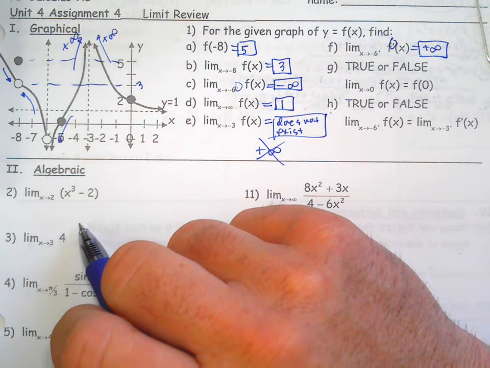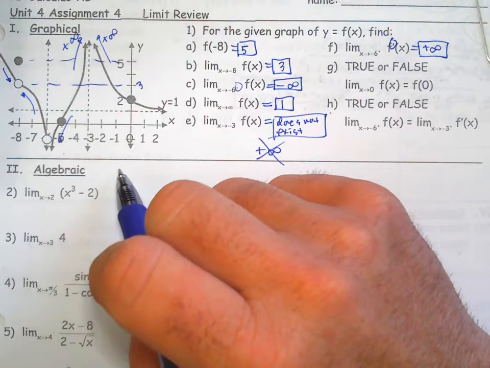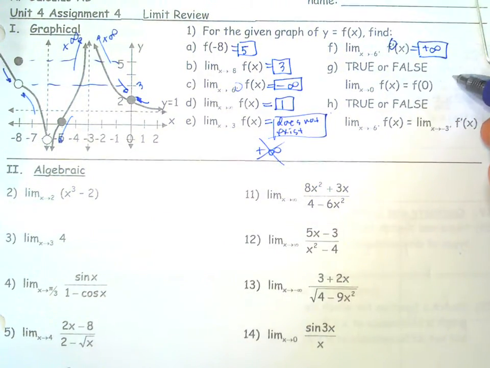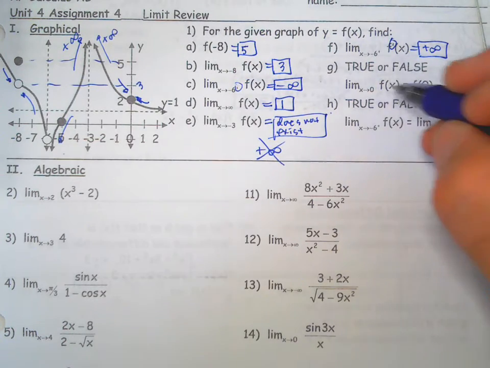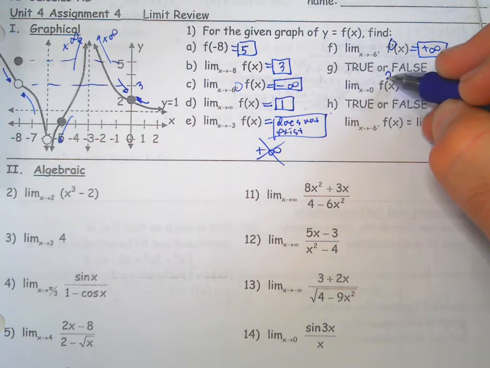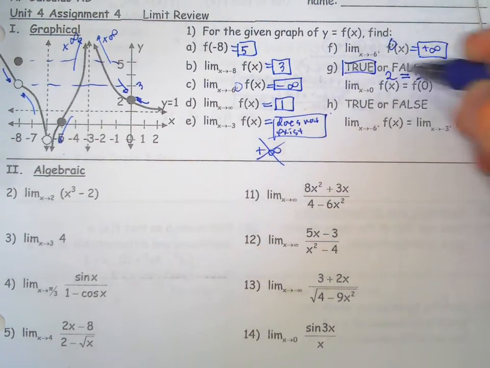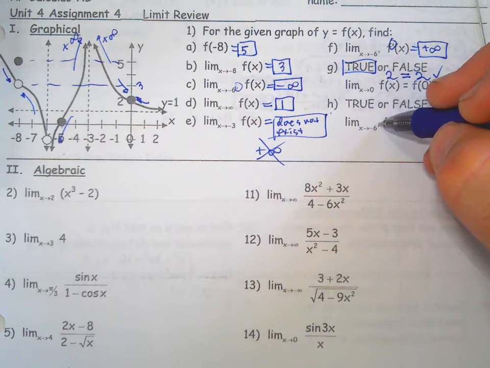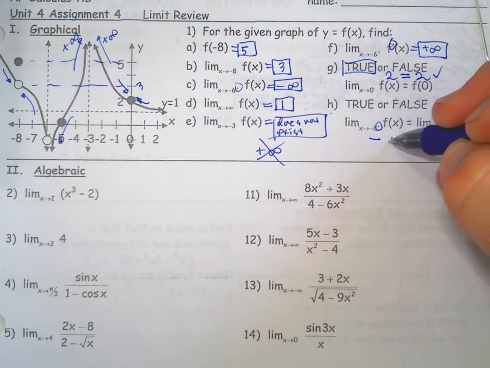G, true or false. Usually I want you to show me some work to support true or false. As x approaches 0, the function equals 0. Well, that's sort of the definition of continuity there. But you could say the limit as x approaches 0 is 2, and the value of f of 0 is 2. So yes, it's true. You could just write down the values. True or false: the limit as you approach negative 6 from the right side, the function goes to negative infinity, right?